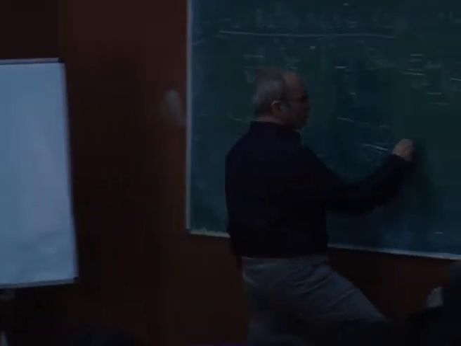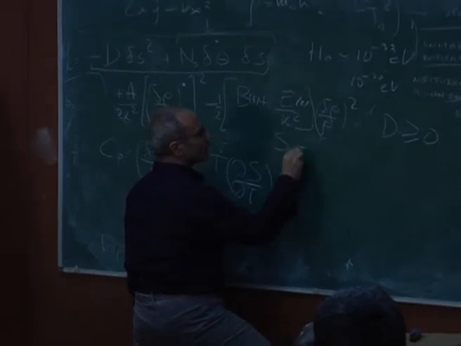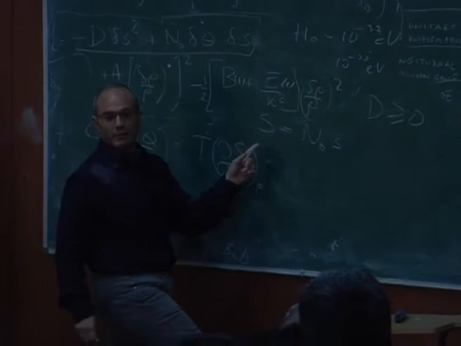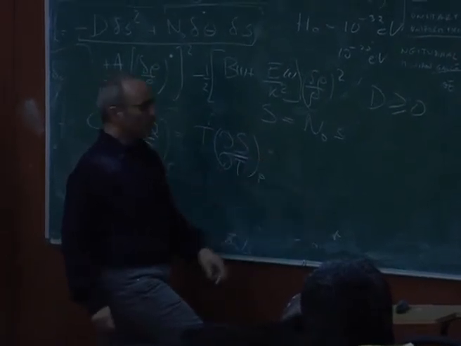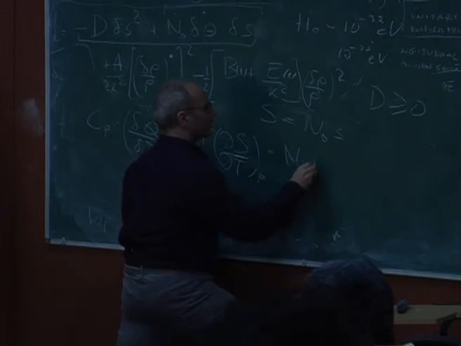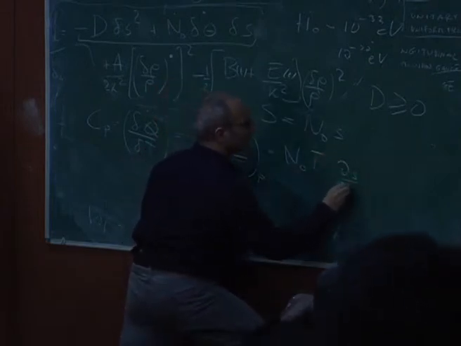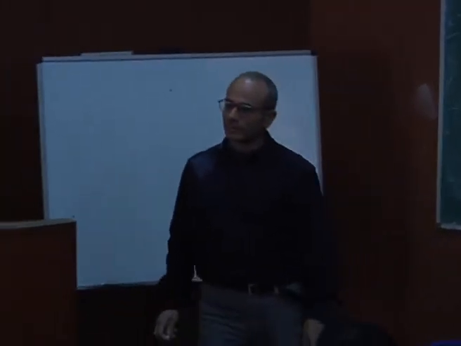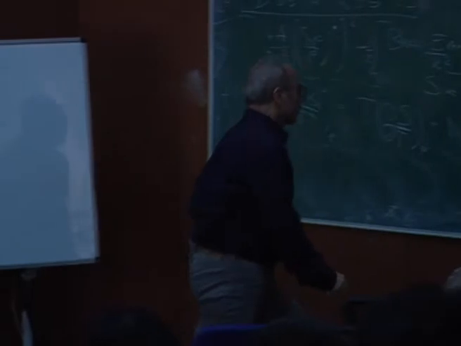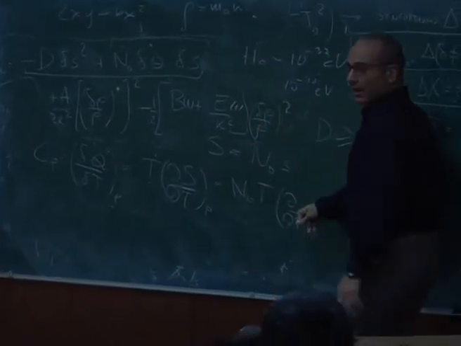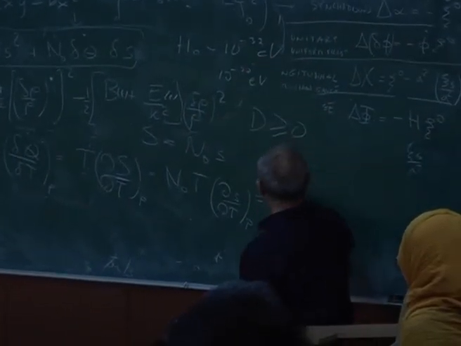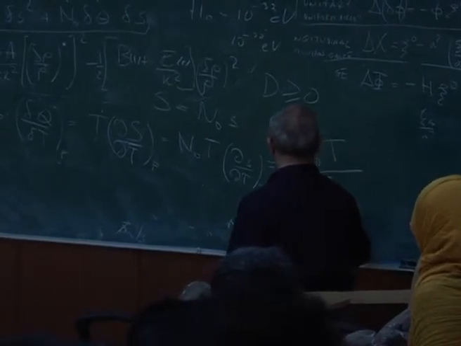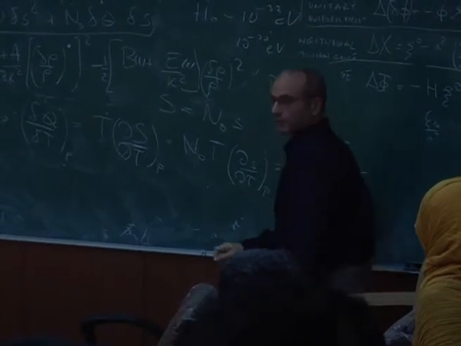Right. Now, remember that we define the total entropy as n0 times s, because little s was the entropy per particle. N0 is a constant. So this is n0 times t ds over dt at constant pressure. Okay? Now, it's a property of partial derivatives. This one is n0 t divided by dt over ds at constant pressure.